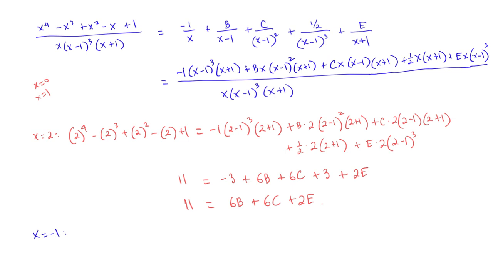On the left hand side, it is -1 to the fourth minus -1 cubed plus -1 squared minus -1 plus 1. And plug in -1 to the right hand side as well.